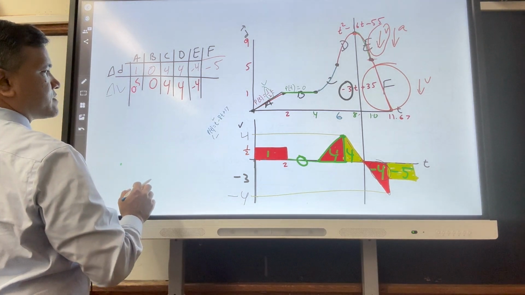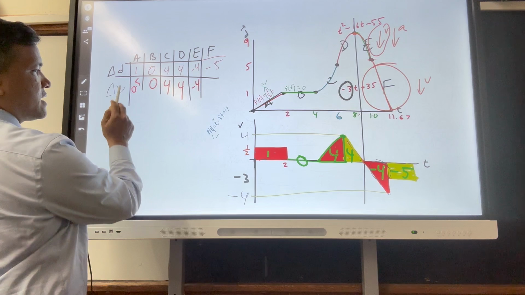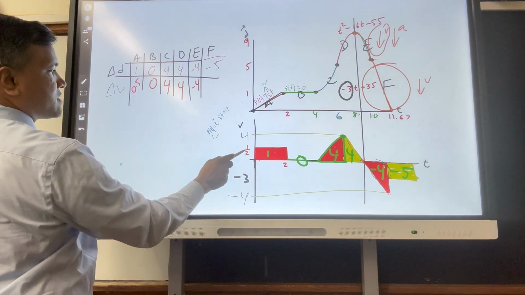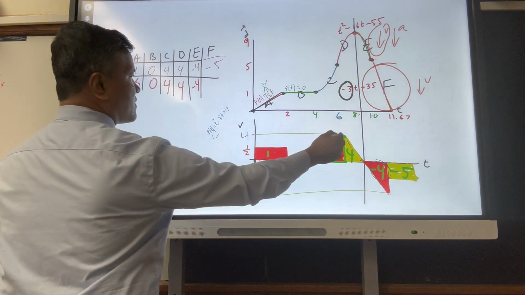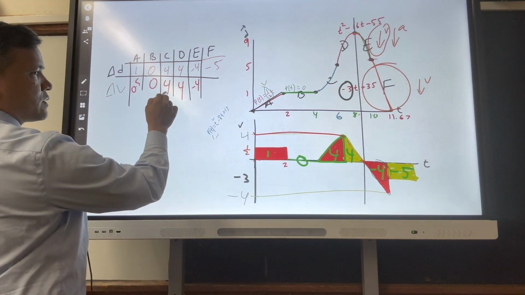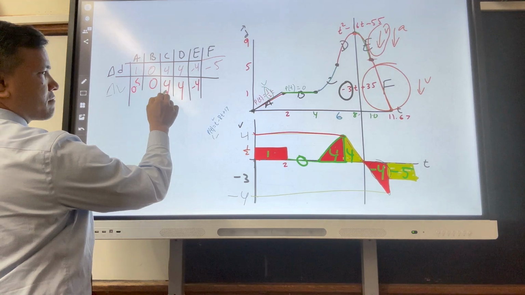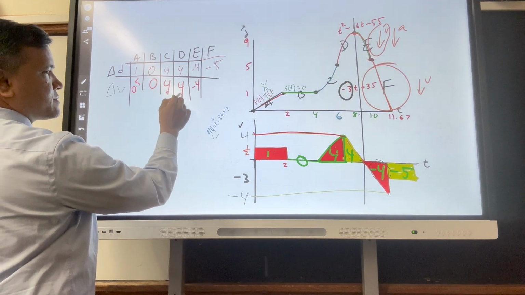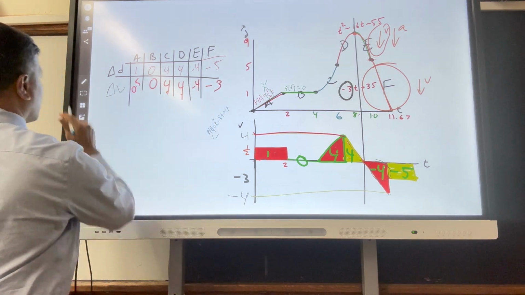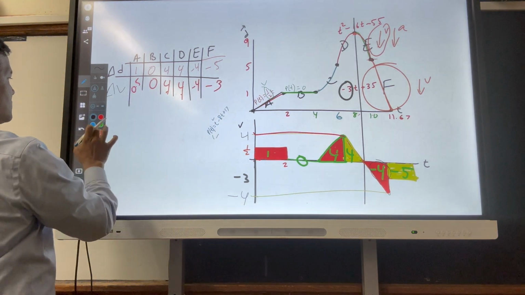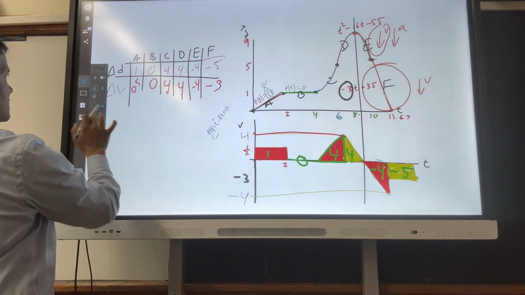Velocity here is half, right? Velocity here is half, velocity here is 0. Velocity over here is 4. Right? And velocity over there is 4, velocity over there is -4, and velocity over there is -3. Alright, good. Now we're gonna find the acceleration.